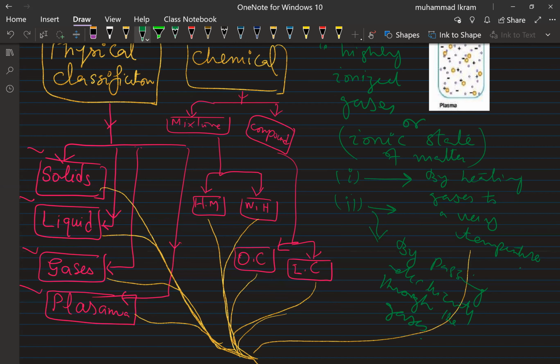Is it clear? So this is how we can obtain plasma by heating gases, for example the hydrogen gas in the sun. And look at the tube light: by passing electricity through gases, we can obtain plasma.